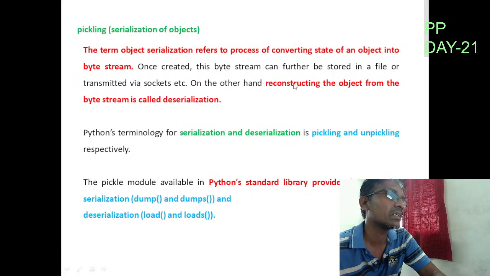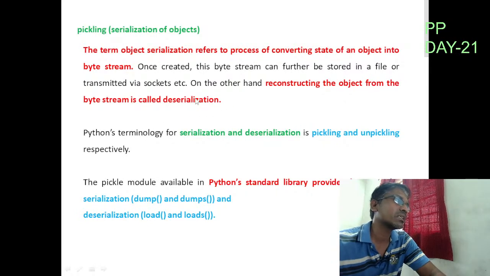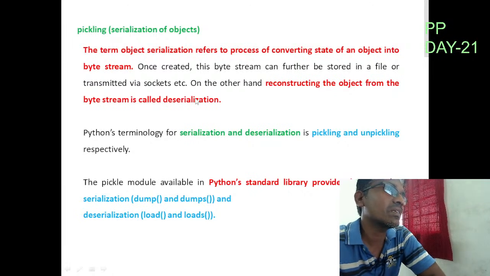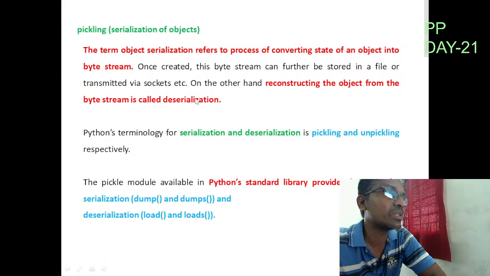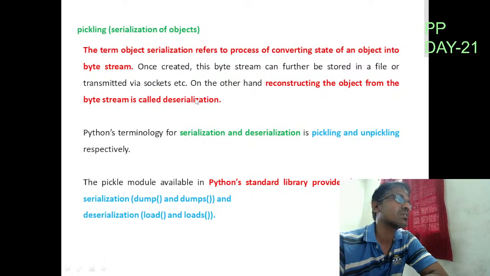And reconstructing the object from the byte stream, that is called deserialization. So what is serialization? Converting the state of an object into a byte stream. And reconstructing the state of an object from the byte stream is called deserialization.